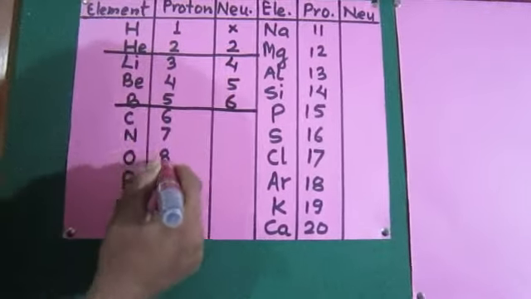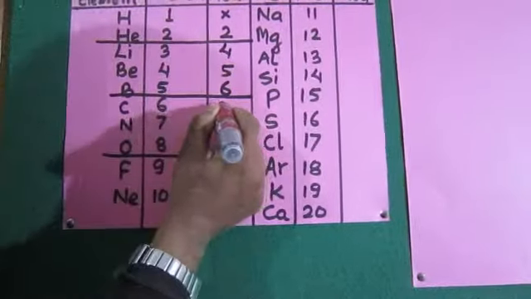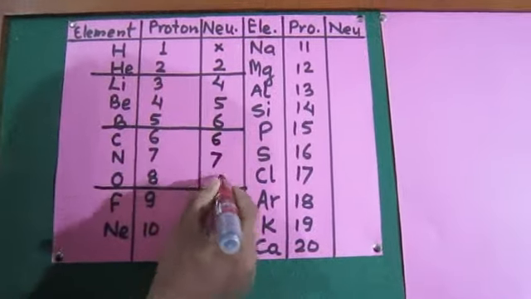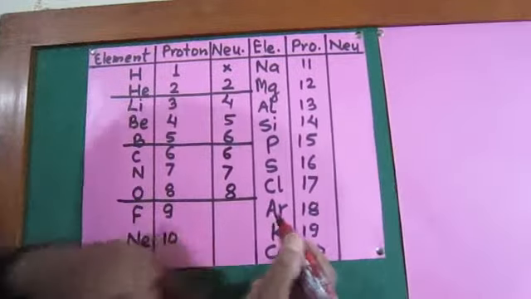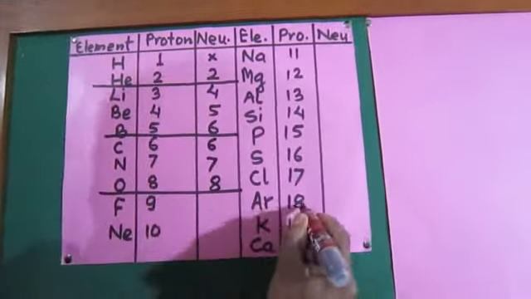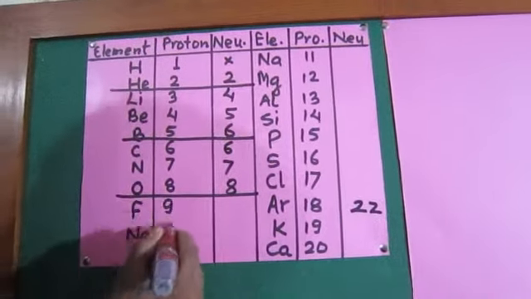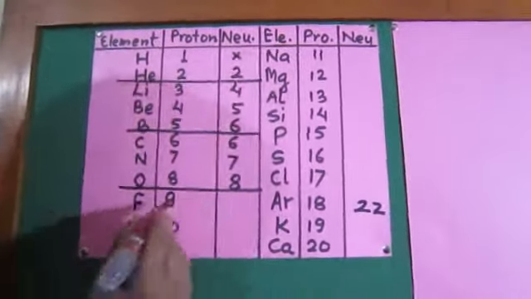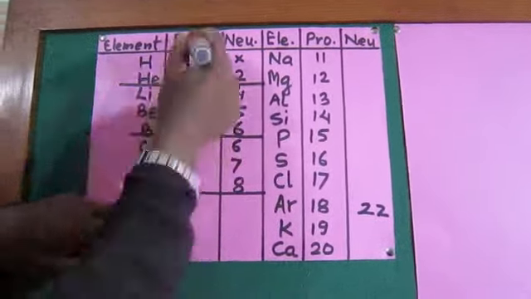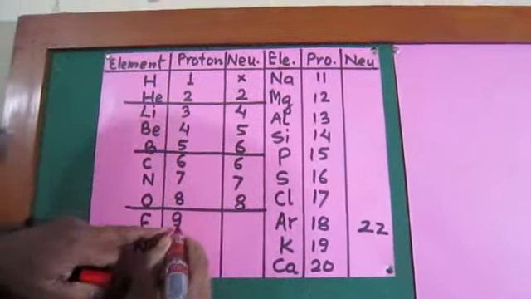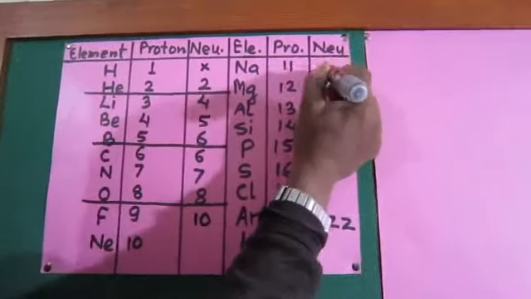Now carbon, nitrogen and oxygen, remember these three also. The numbers of protons and neutrons are equal here. And beyond oxygen, from 9 to 20, there is only one exception. In the case of argon there are 22 neutrons, but if the atomic number is odd, then the number of neutrons is 1 more. For example, here the atomic number is 9, or number of protons is 9, so it has 10 neutrons. 11, that's why 12.